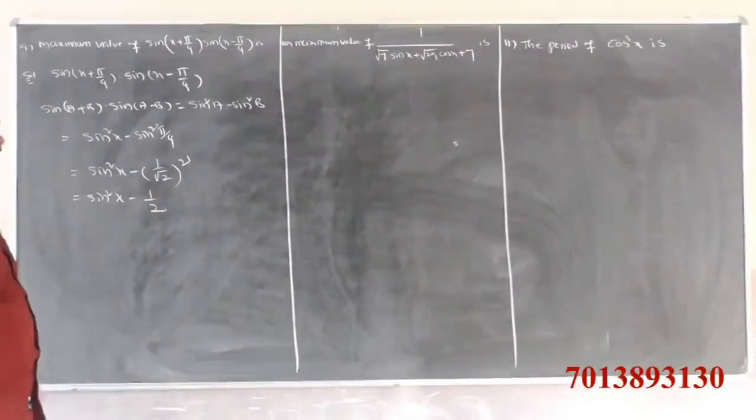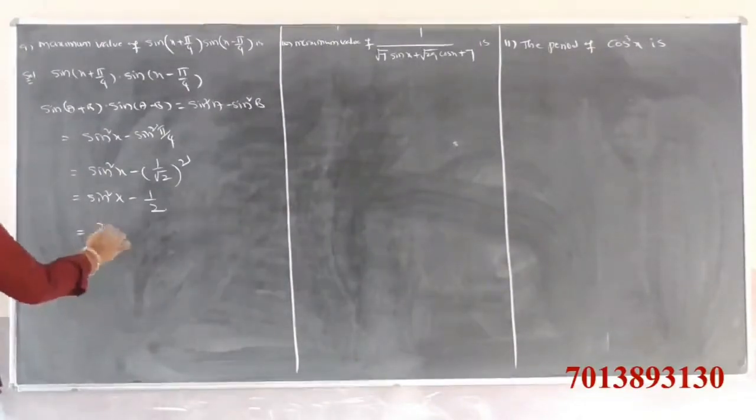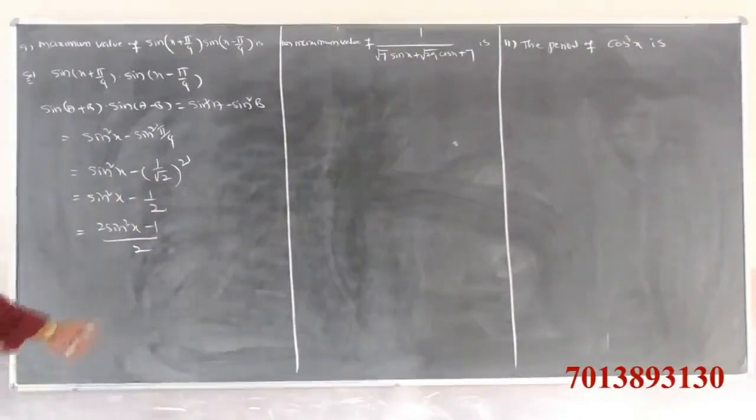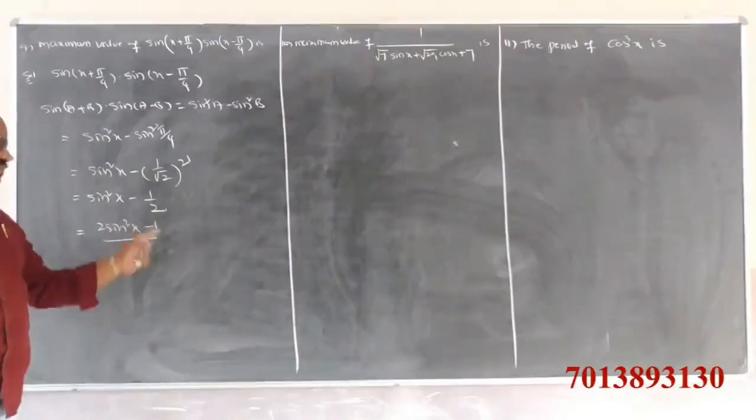If we take the LCM here, 2 is the LCM, so we get 2 sin square x minus 1 by 2.